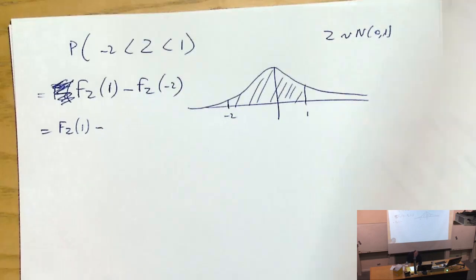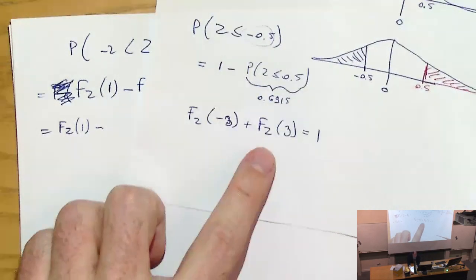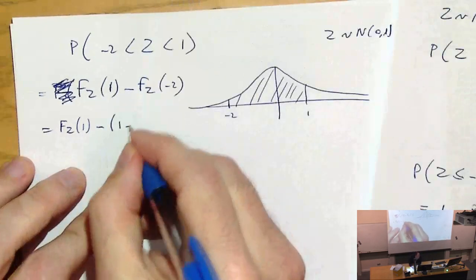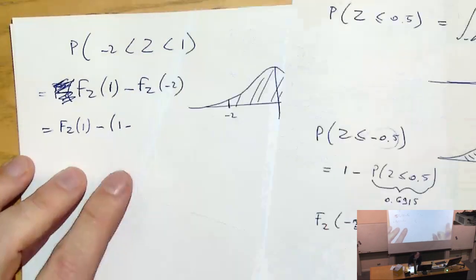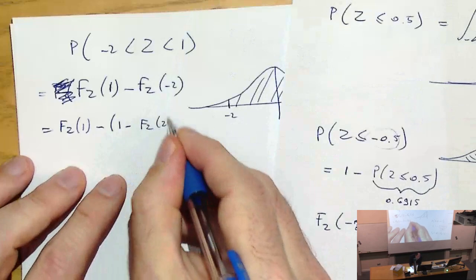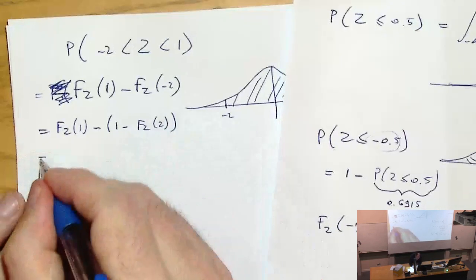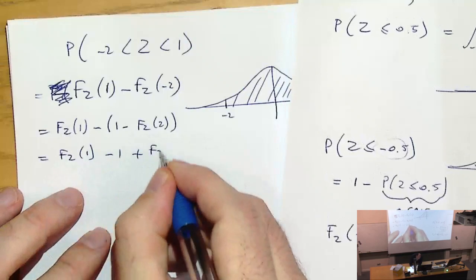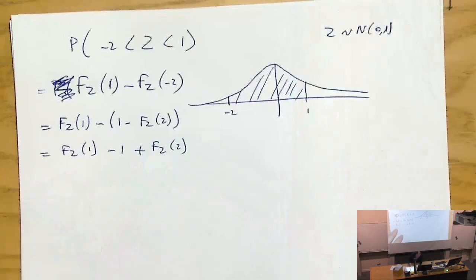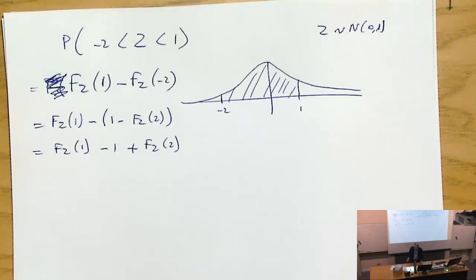So you use this relationship that we had here. So that's going to be minus 1 minus F_Z at 2, right? So this is F_Z at 2, right? So here you have F_Z at 1 minus 1 plus F_Z at 2. And so you can compute those quantities again. You look at the table.